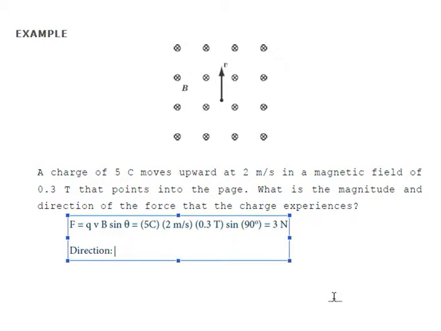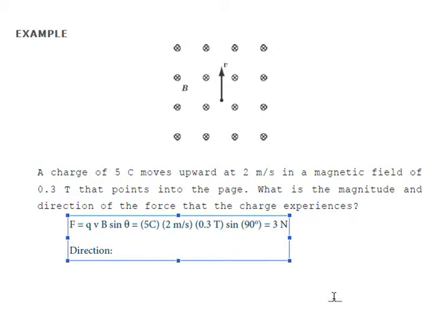So first time we're trying to apply our right hand rule. So remember, index finger of your right hand points in the same direction as V. So take your index finger and point it straight up towards the top of the page. Then remember, your middle finger will point in the same direction as the magnetic field.